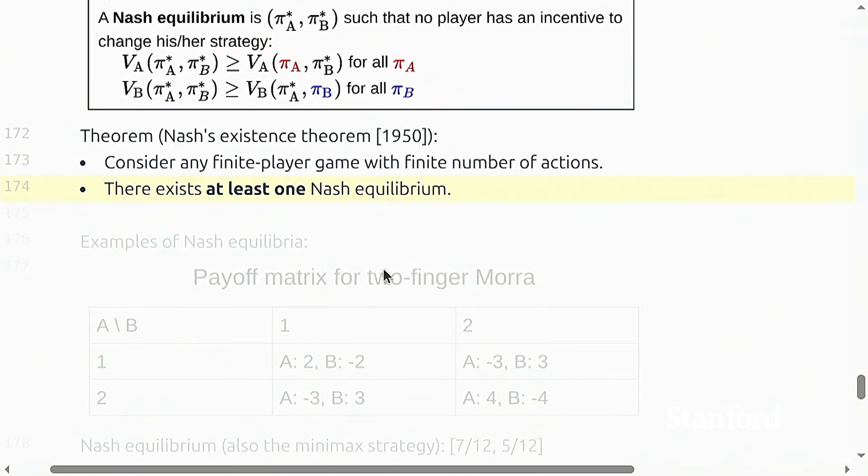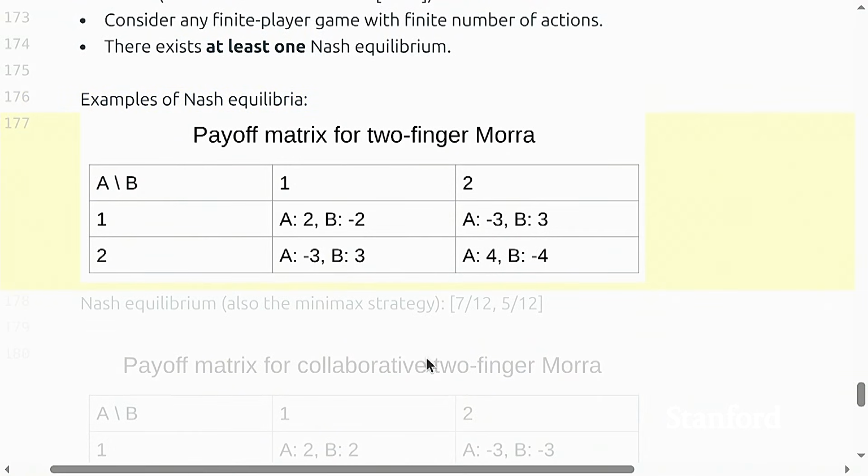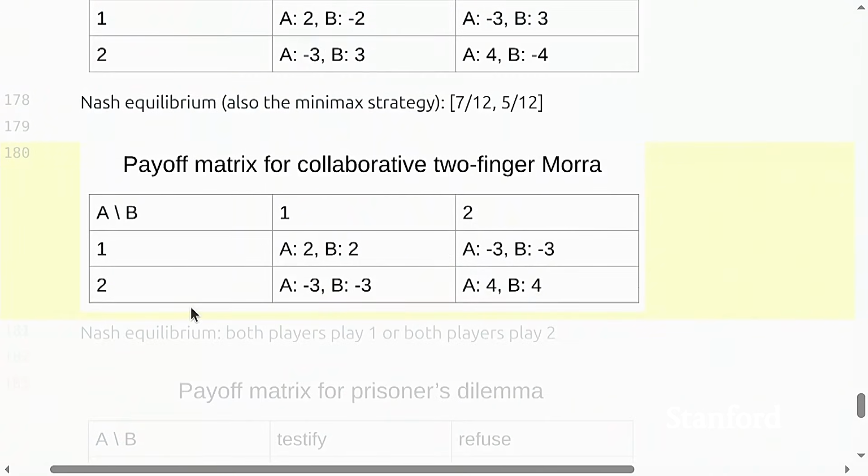So here are some examples just to give you some intuition of what Nash equilibria look like. We looked at two-finger Mora before, and the minimax strategy is also a Nash equilibrium because no player has an incentive to move off what they're doing. If you consider a fully collaborative version of this, where both A and B have the same reward, then there are two Nash equilibria.